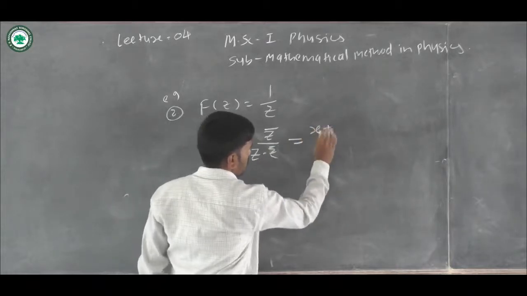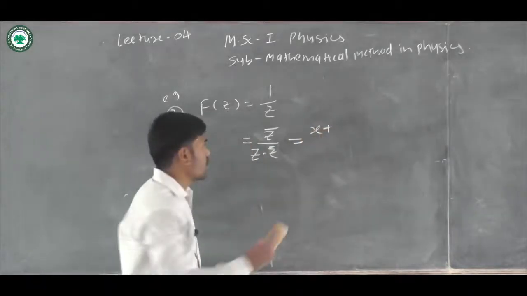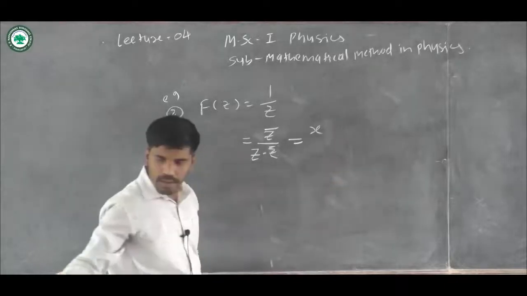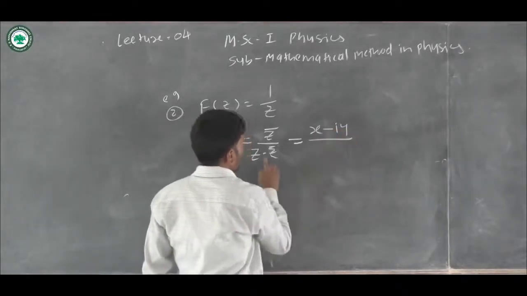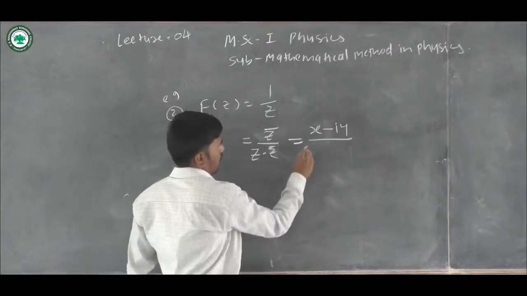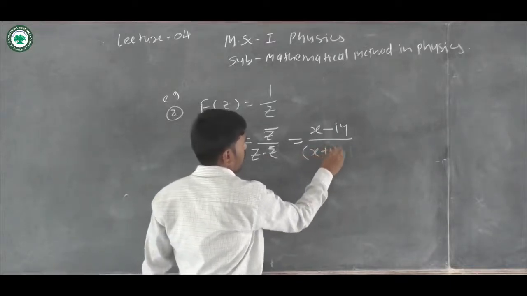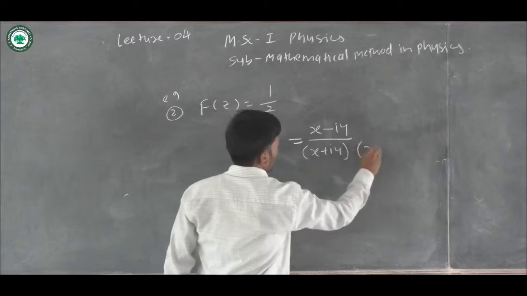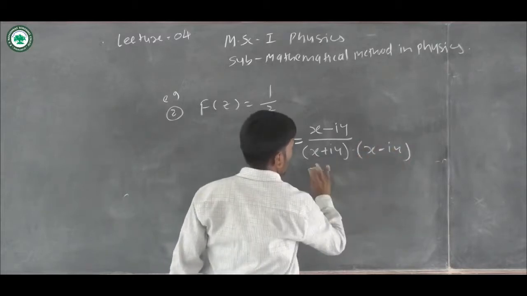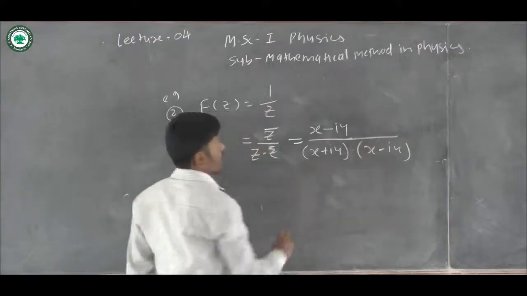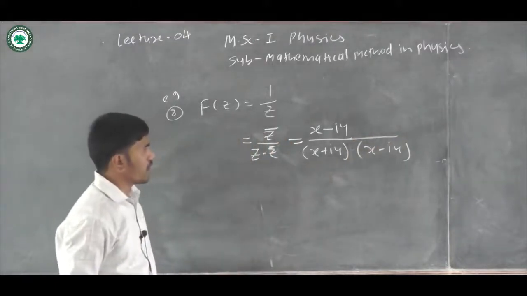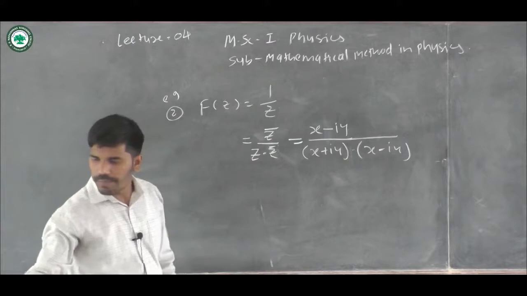iota into y, divided by z into z bar, which is x plus iota y into x minus iota y. This relation we already derived, that is x square plus y square.